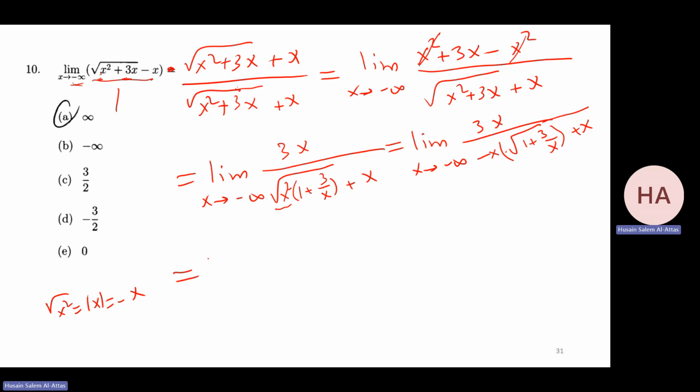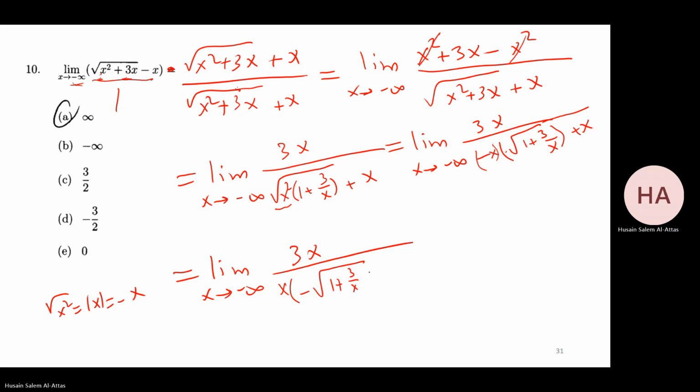So I take x as a common factor. I took this minus x, minus infinity, so it will be minus x. So I take x here common factor. It will be minus square root 1 plus 3 over x plus 1.